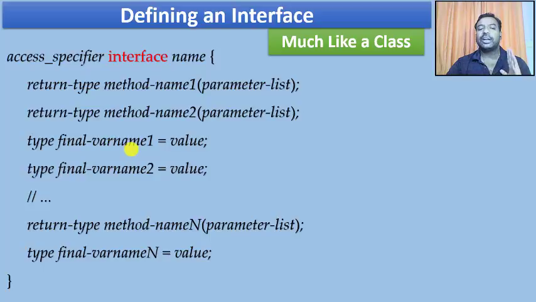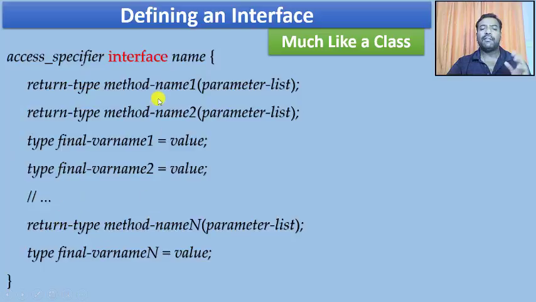That means it is going to be a constant data member. You need to initialize this because it's a constant. Whatever value you initialize for this variable or data member of the interface will remain constant. You cannot modify this value throughout the program. You can just access this; you are not supposed to modify or change this. Fine.